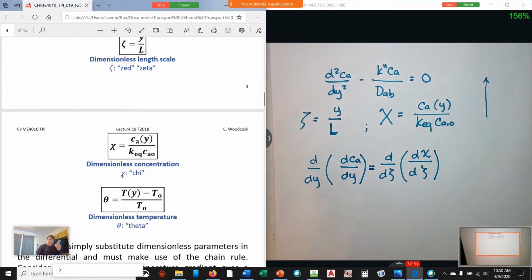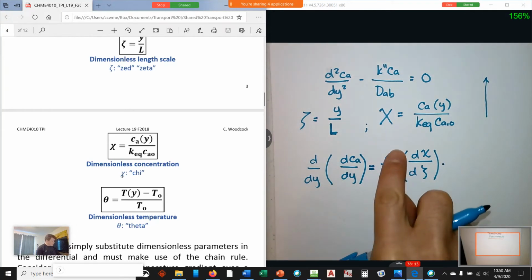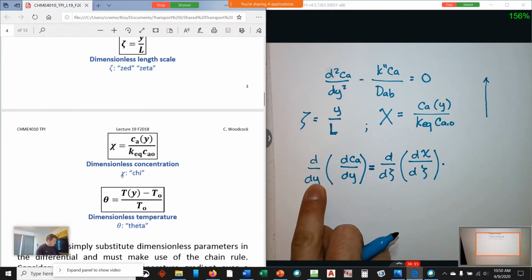That's what I need, but like we looked at the color and the temperature, I can't just make this substitution and be satisfied in what I've done. As I'm making these changes, my mental check is to make sure that this is mathematically true. So I have d d zeta, but this used to be a d dy.